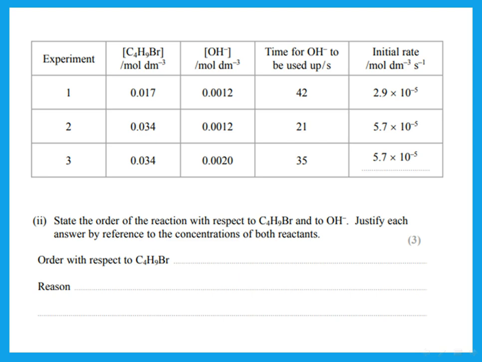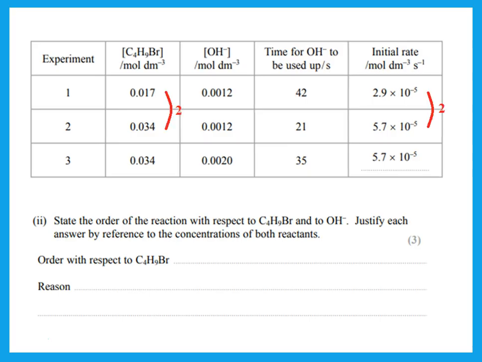So, in order to determine the order with respect to C4H9Br, we choose two experiments in which only the C4H9Br is changing, but the hydroxide remains constant.